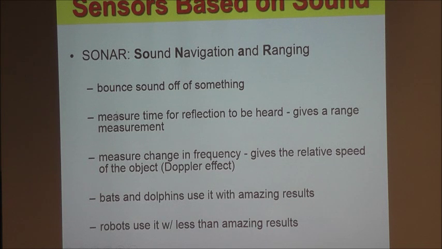They all measure the time for reflection to be heard, which gives a range measurement, and they measure changes in frequency, which gives the relative speed of the object through the Doppler effect. I'll mention the Doppler effect in a few minutes, maybe in the next lecture. Bats and dolphins get amazing results. Dolphins and bats work in a range where humans are not capable.